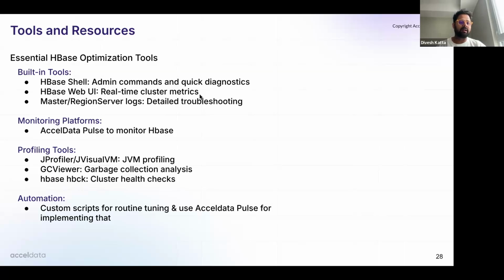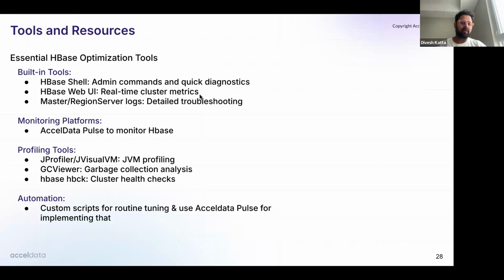For production environments, I recommend using Pulse to read all the metrics in one place. And JVM profiling tools are essential for complex performance issues. They help you understand memory allocation patterns, CPU hotspotting, and garbage collection behavior, and GC Viewer in particular is used for analyzing the garbage collection log.